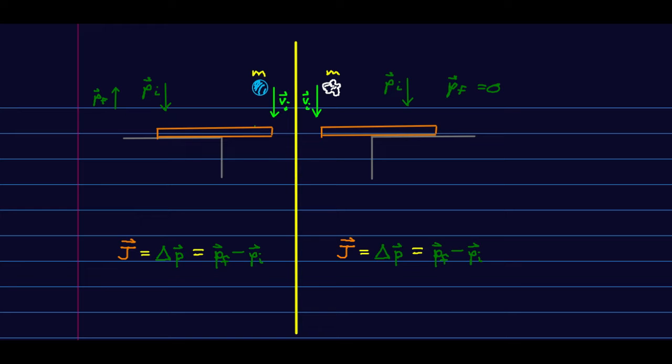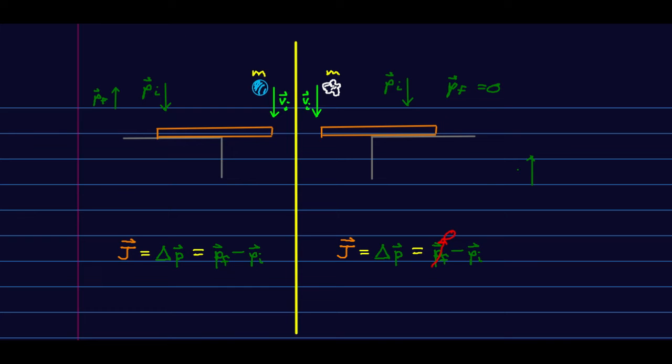And so it'll have an upward momentum, p_f. And now we can calculate, or draw at least, the impulses on the ball and the wad. The impulse on the wad, well, look, p_f is 0, and so it's just negative p_i. Or in other words, flip p_i around.